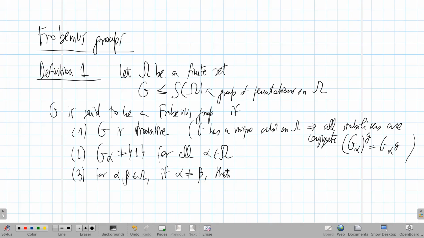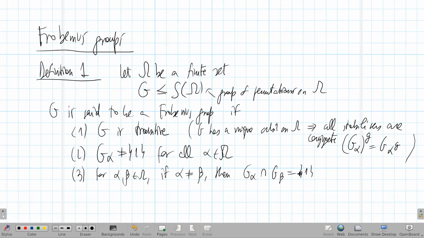But here we require not only that they are different, but actually their intersection is trivial. Where for subgroups, the trivial intersection means that the intersection contains only 1. And okay, so it's quite a strong property. So it's transitive. The stabilizers are not trivial. And two stabilizers with respect to distinct points are not only distinct, but have trivial intersection, okay?